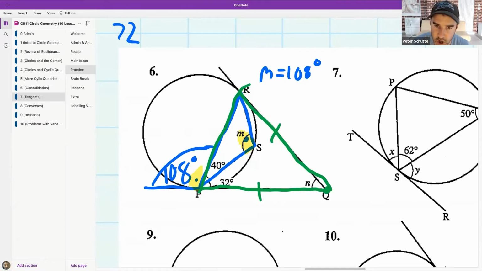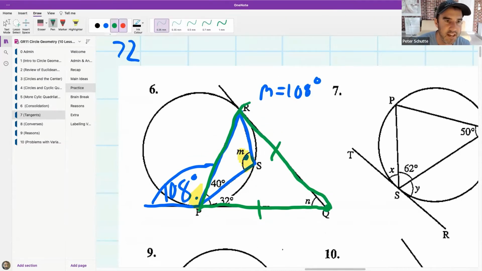And so I know that this angle and this angle must be the same. And I know that that one's 72, which means this one over here must also be 72. So now all I need to do is take my two lots of 72 and work out what N is. Okay. Nizola, I'll get back to you in a moment.